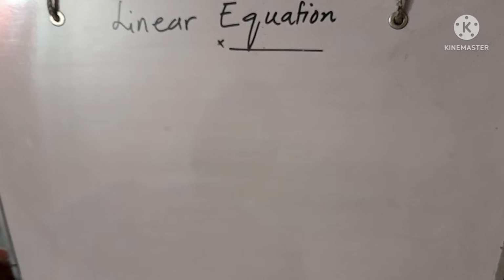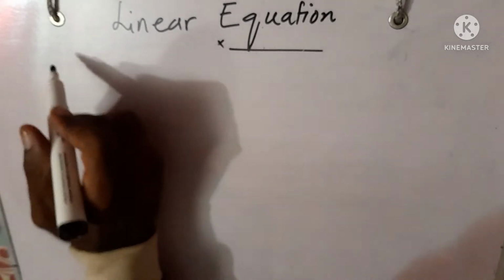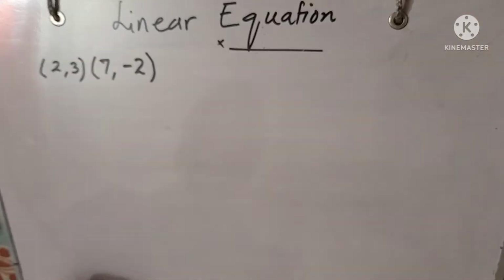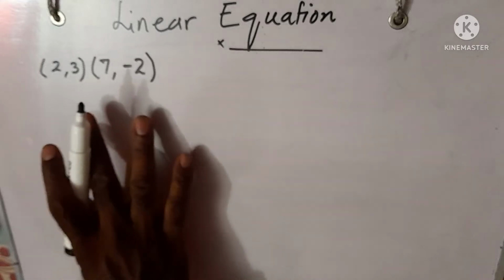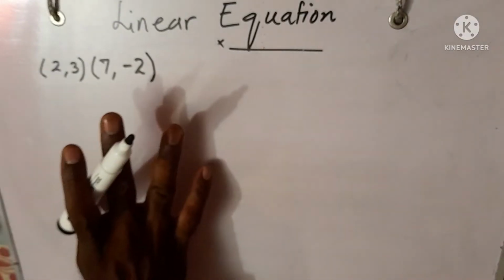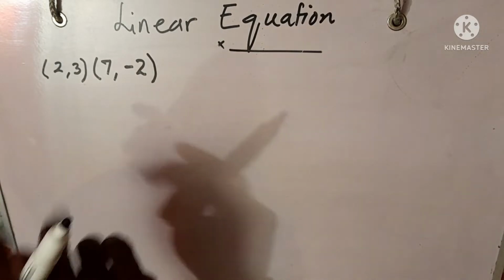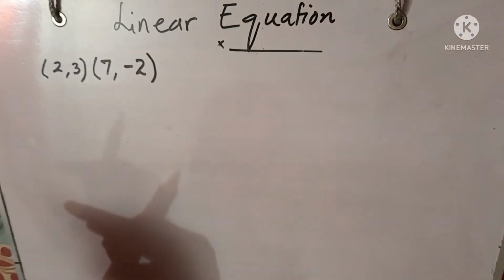Okay, so in our first example, if I have two coordinates given, let's suppose (2, 3) and (7, -2), and I need to find the equation of a straight line passing through these two coordinates.